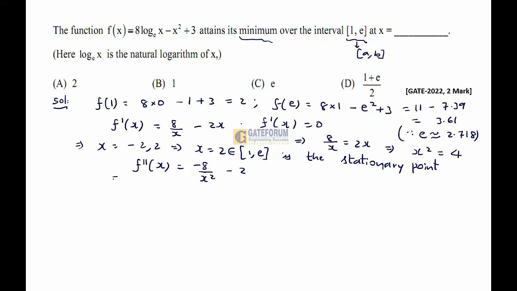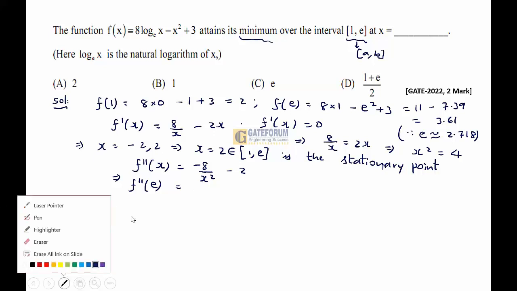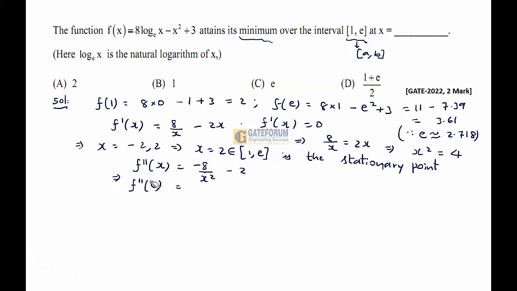So f double dash at x is equal to 2, not x equal to e: minus 8 by 4 minus 2. This is minus 4, less than 0.